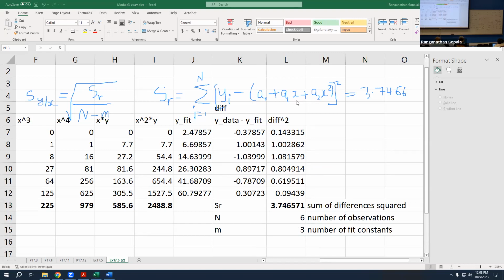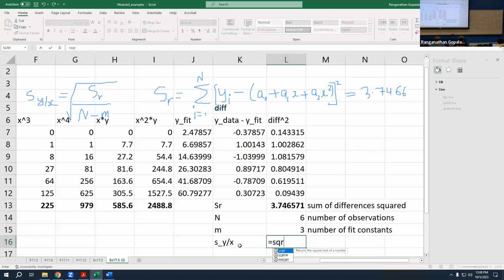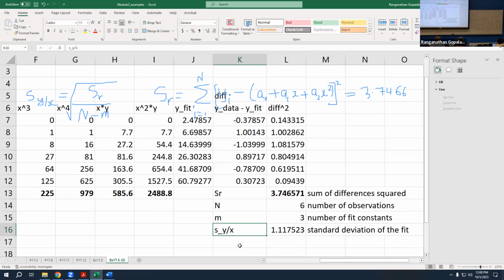Okay, sum of differences squared. So I'm going to write S y over x is square root of this number divided by n minus m. So this is standard deviation of the fit. So please compute this number and I'll tell you what this number actually means.